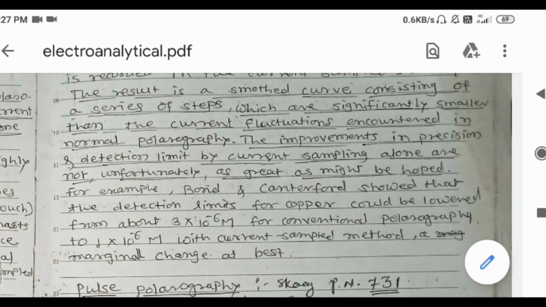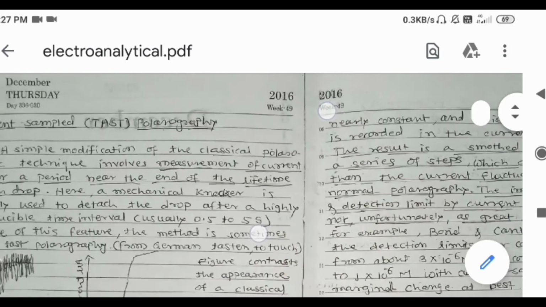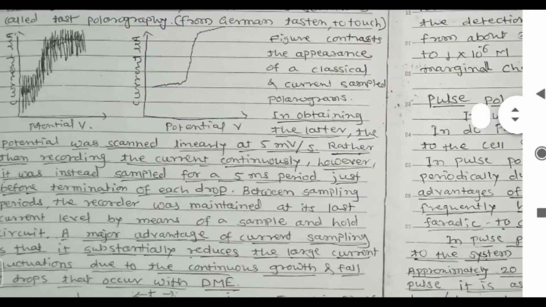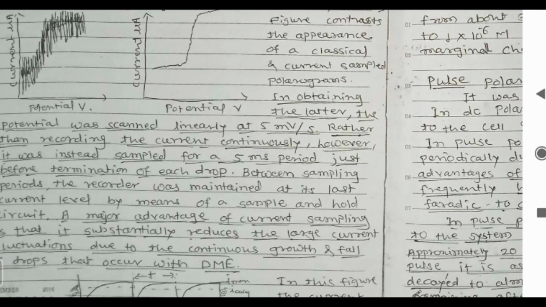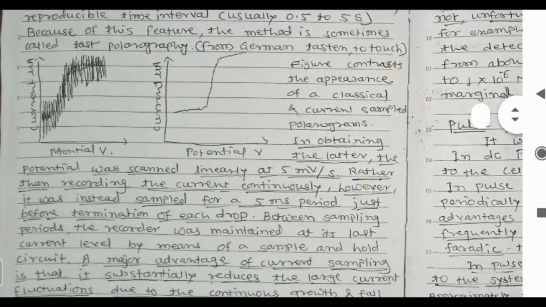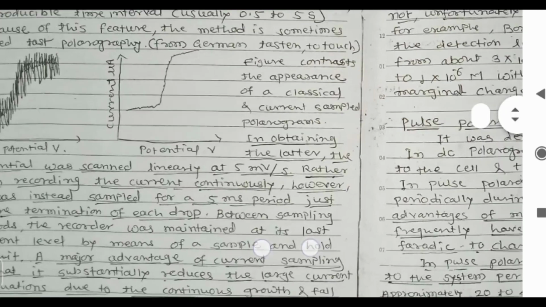So what modifications have been made in tast polarography? The important modification is that we measure the current at the end of the drop lifetime, and a mechanical knocker is used to detach the drop from the dropping mercury electrode. And what are the advantages of this technique? We get a reduction in the Faradaic current, and due to this we get a smooth curve, and due to this smooth curve we might get better accuracy and precision than the normal polarographic technique.